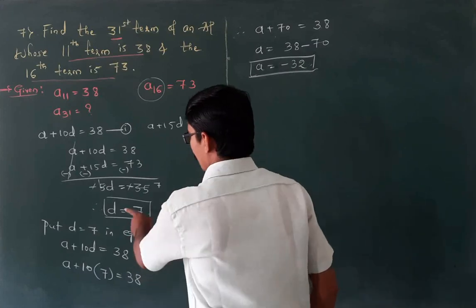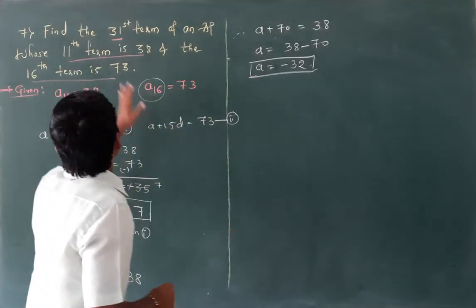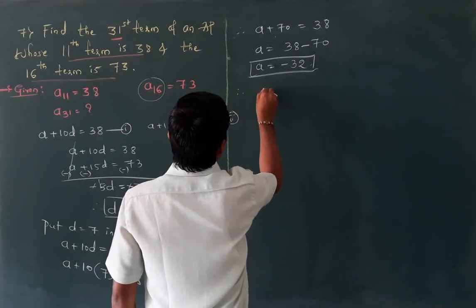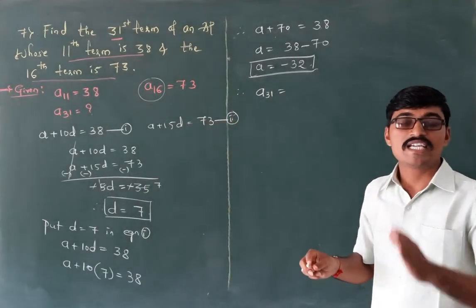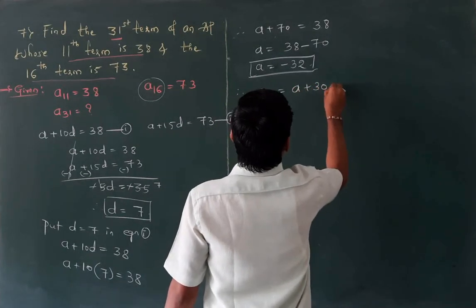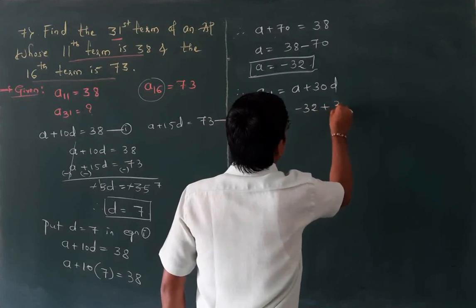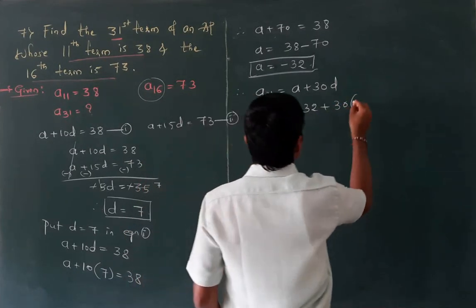So here we have the d value and the a value. What is asked? The 31st term is asked. Therefore, A31 can be written as a plus 30d, which is equal to a value minus 32 plus 30 in the bracket, the d value is 7.